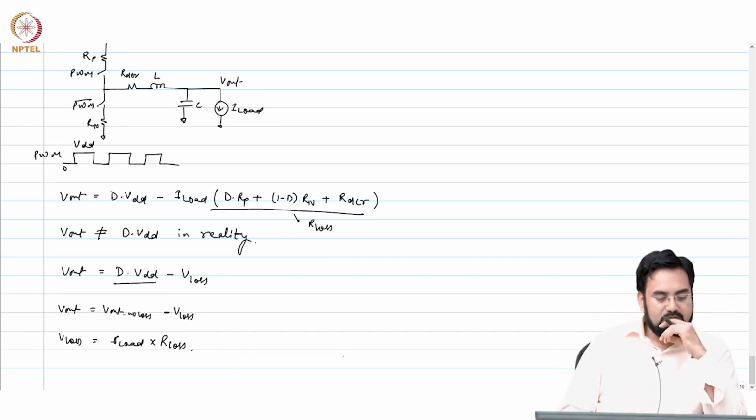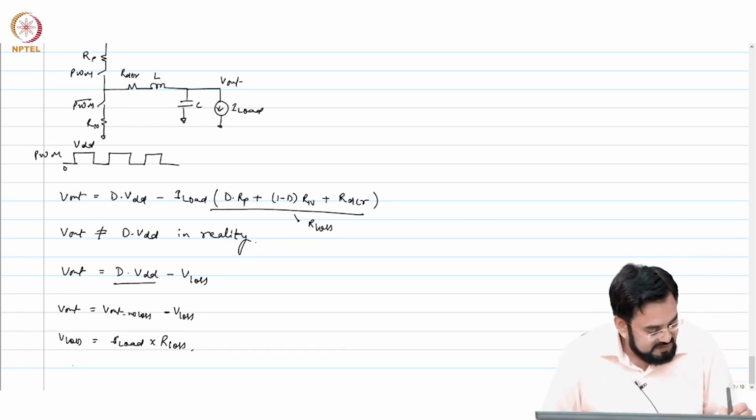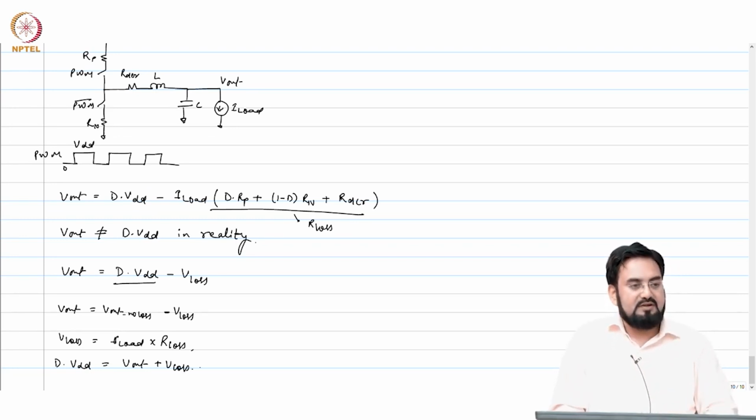So, what do I need to do? If I want to achieve this, D times VDD is V out plus V loss, which means if I want to achieve the same voltage, I have to increase the duty cycle, correct.